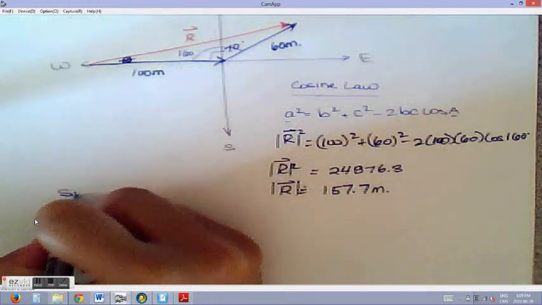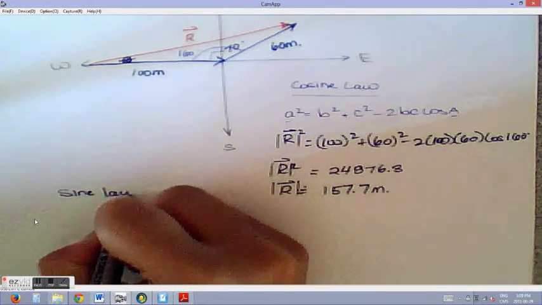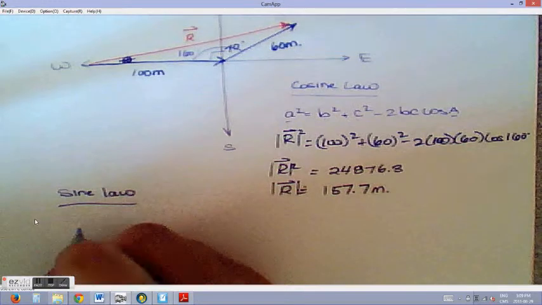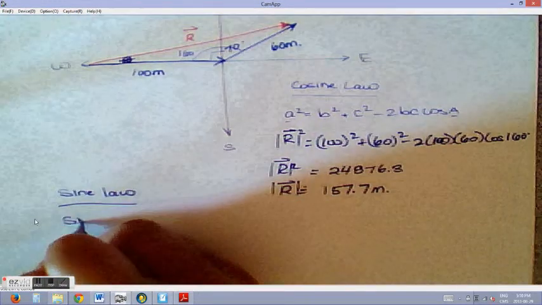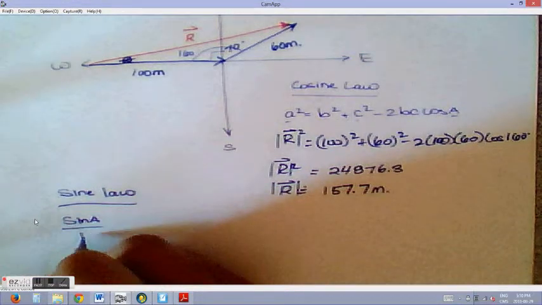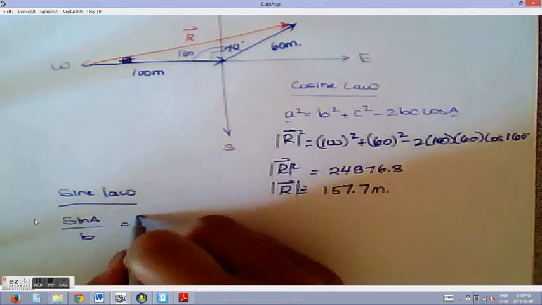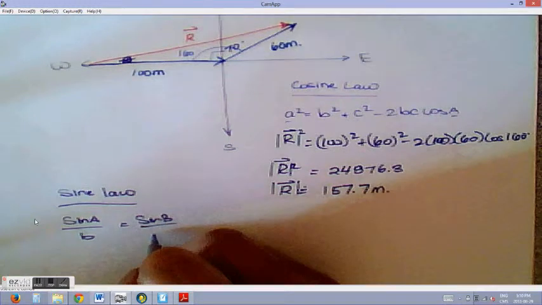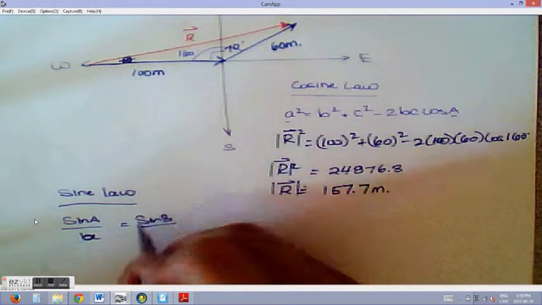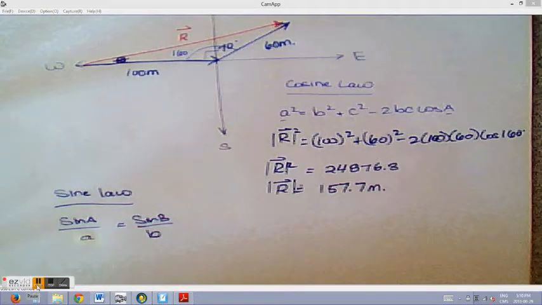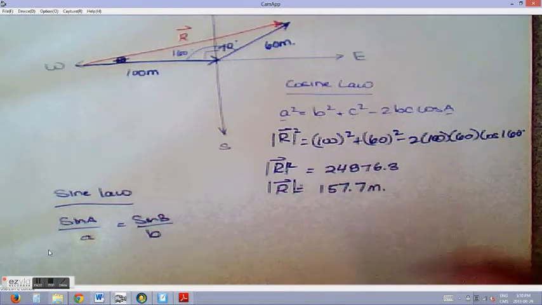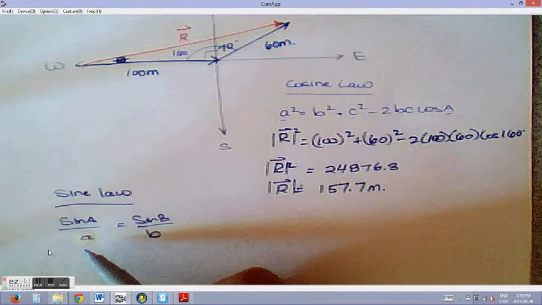So using the sine law, remember, we're looking for angles, so I always put that on the top. Sine of A over the side of A is equal to the sine of B over B. So remember that the angles and the sides are opposite to each other.